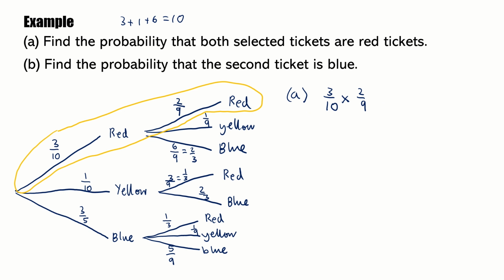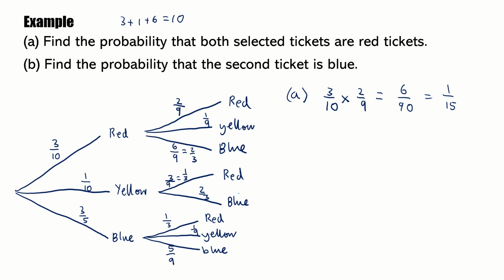The other way of looking at that is deciding it based on words. We're picking one red ticket and a second red ticket, and because we're saying that word "and" there, that's why it's multiply. So therefore we can now calculate that. If you're doing that by hand, that would be 6/90, but then that does simplify to 1/15. Question A done. On to question B.